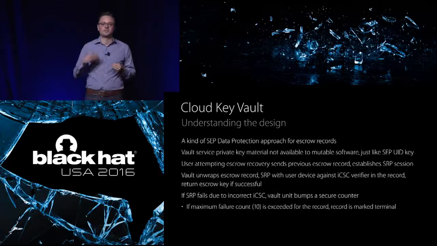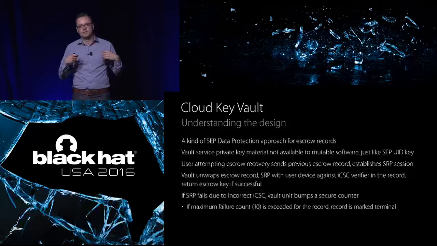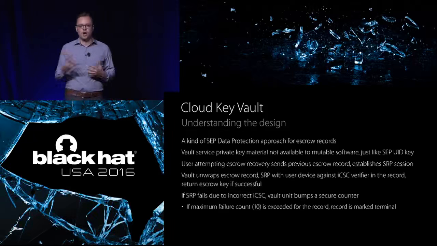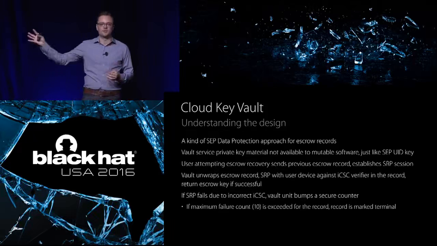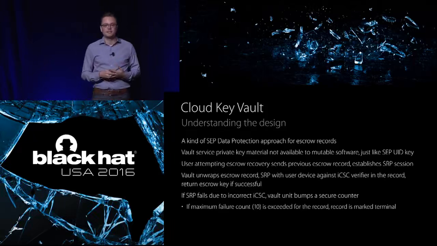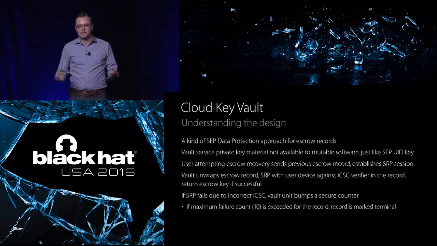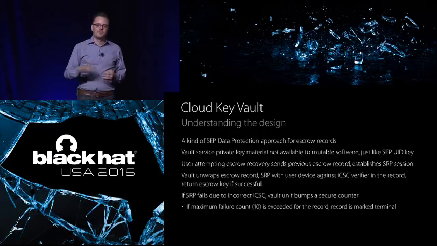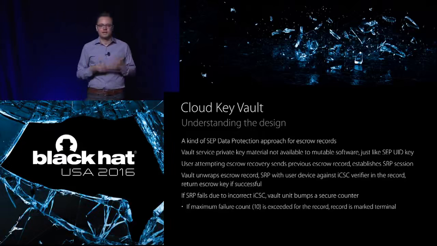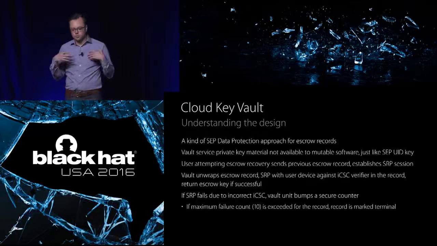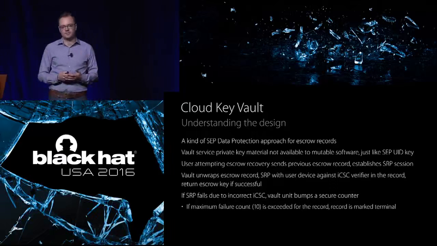So long as the user can present the right iCloud security code, the Cloud Key Vault will return that strong randomly generated escrow key, which protects all of the rest of their secrets. And if SRP fails, the Vault unit bumps a secure counter, where if the maximum failure count from the record is reached, the record is marked terminal, and the Cloud Key Vault will refuse to process any further attempts with that record.